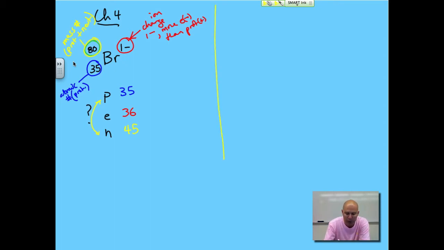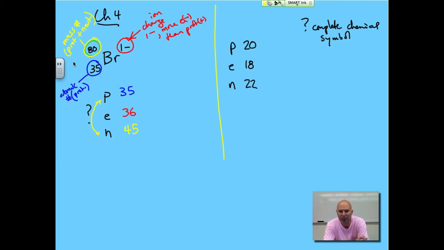Now I move to another one, where I give you the protons, electrons, and neutrons and ask for the complete chemical symbol. Let's say 20, 18, 22, and I ask for the complete chemical symbol.